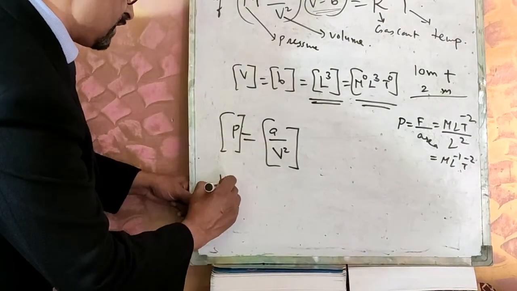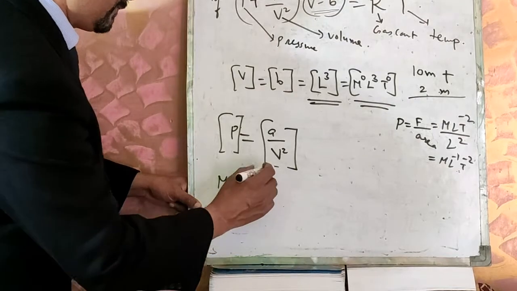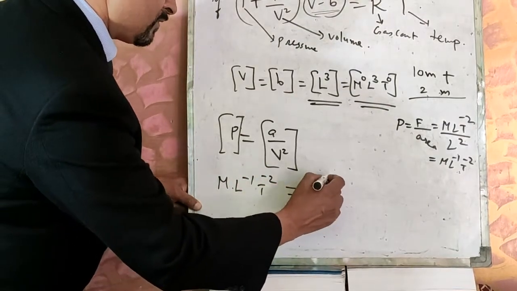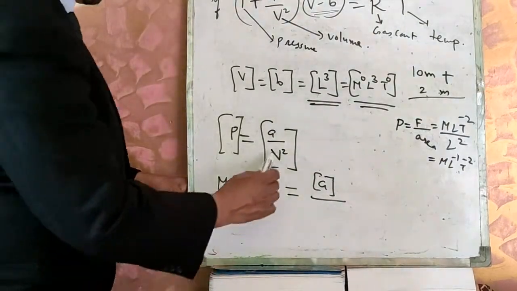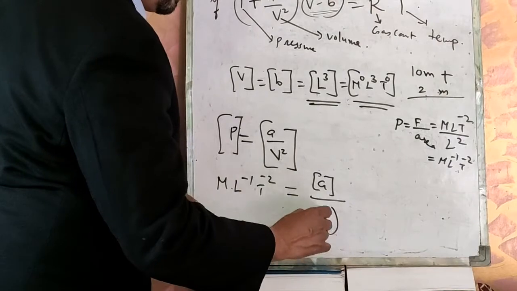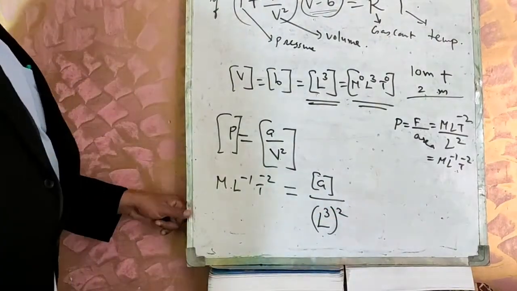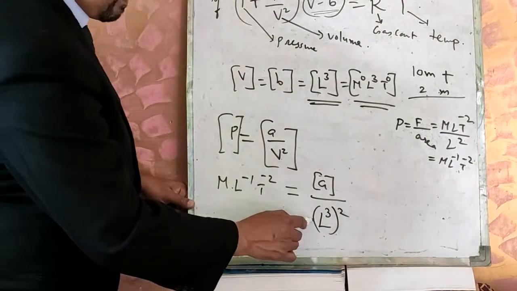So the pressure dimension, you can write M L minus 1 T minus 2, is equal to the dimension of A divided by the dimension of V square. The dimension of volume is L3, so L3 the whole square. What is L cube the whole square? That is L power 6. You can do the cross multiplication.